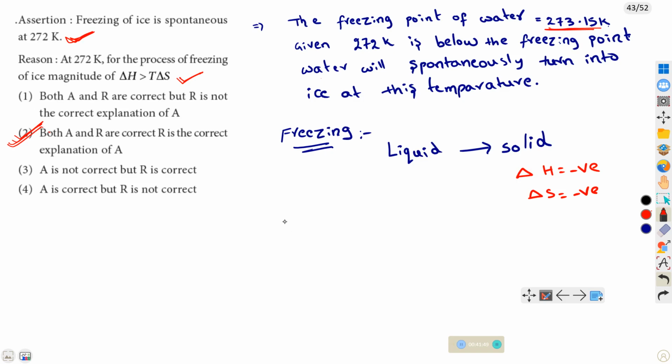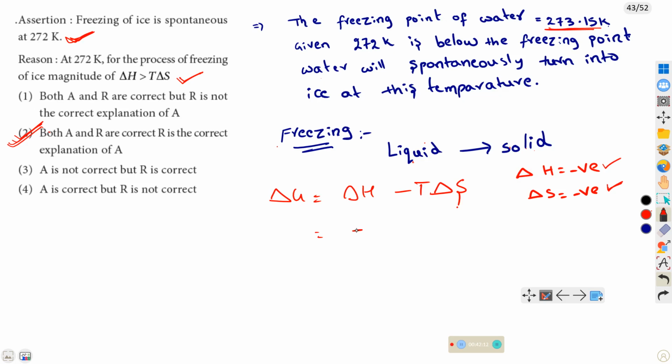How is it? Freezing, liquid is converted to solid. It is an exothermic reaction. Liquid converted to solid, then randomness decreases, so delta S value is negative. Delta G is equal to delta H minus T delta S. So calculate now.